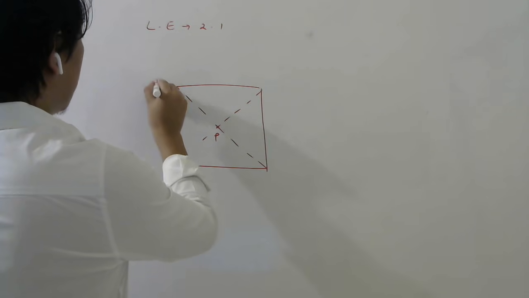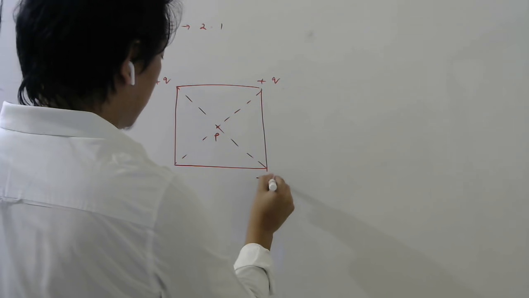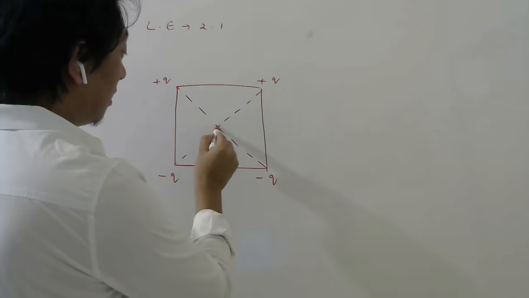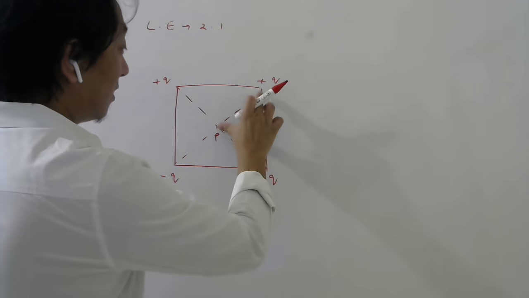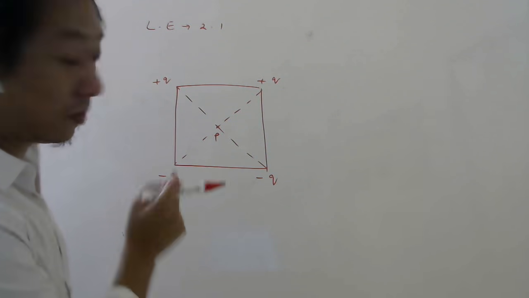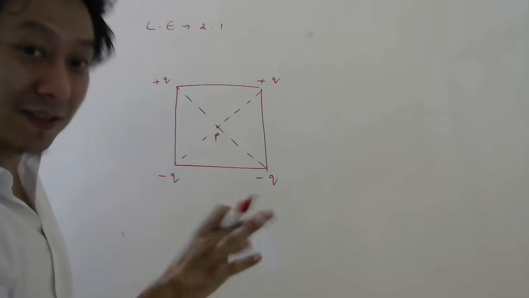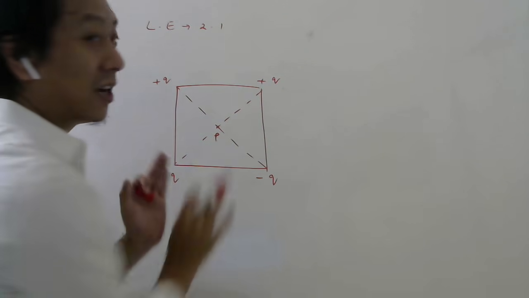Now if you keep plus Q here, minus Q here, then potential will surely be 0, because potential here due to this will be 1 by 4 pi epsilon naught Q by this R. Due to this, same. Due to this, it will be minus, same. Due to this, it will be minus, same. So potential will be 0 no matter how you keep the charges.